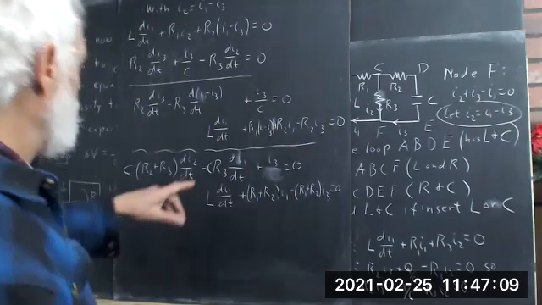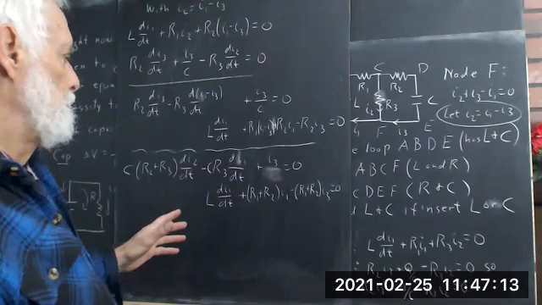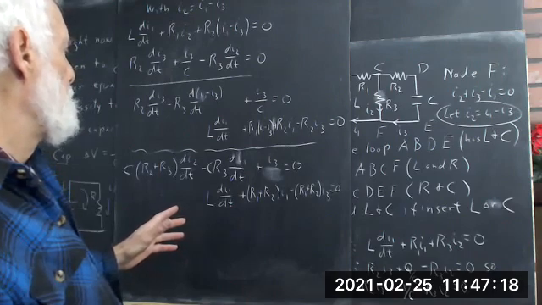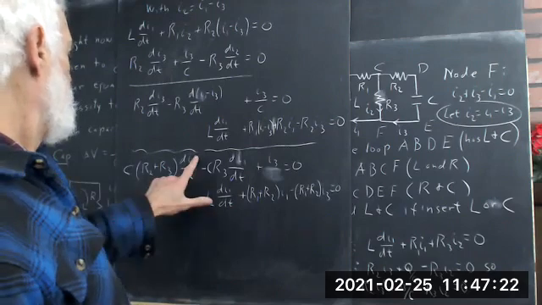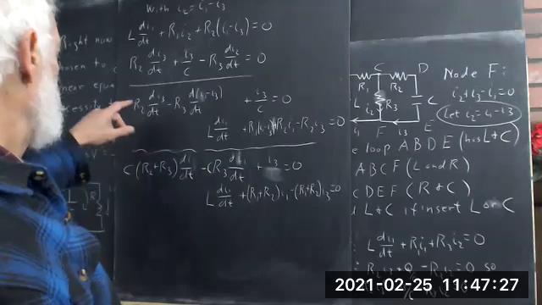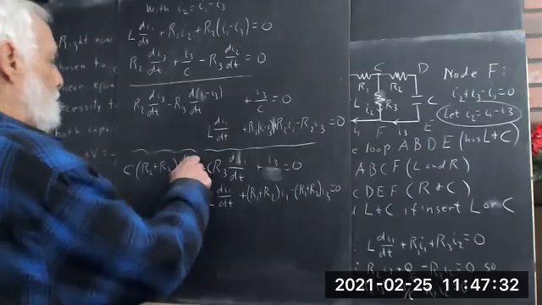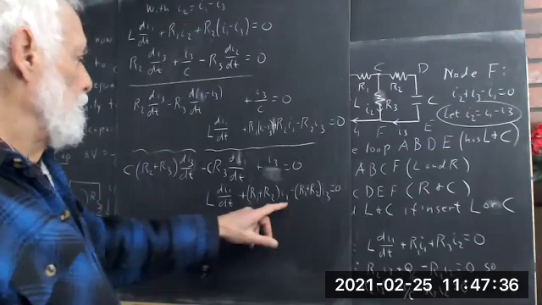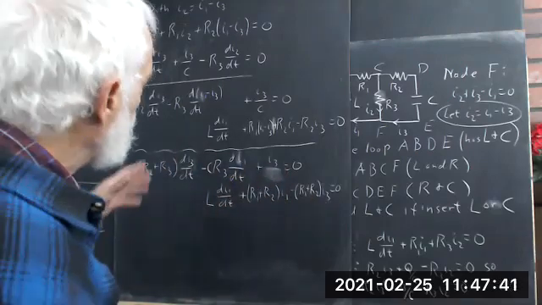And now everything is in terms of I1, I2, I've got the wrong subscript on here. I have R1 plus R3 times I3, not I2. Okay, now everything is in terms of I1 and I3. Every I is an I1 or an I3. So now we have two variables.